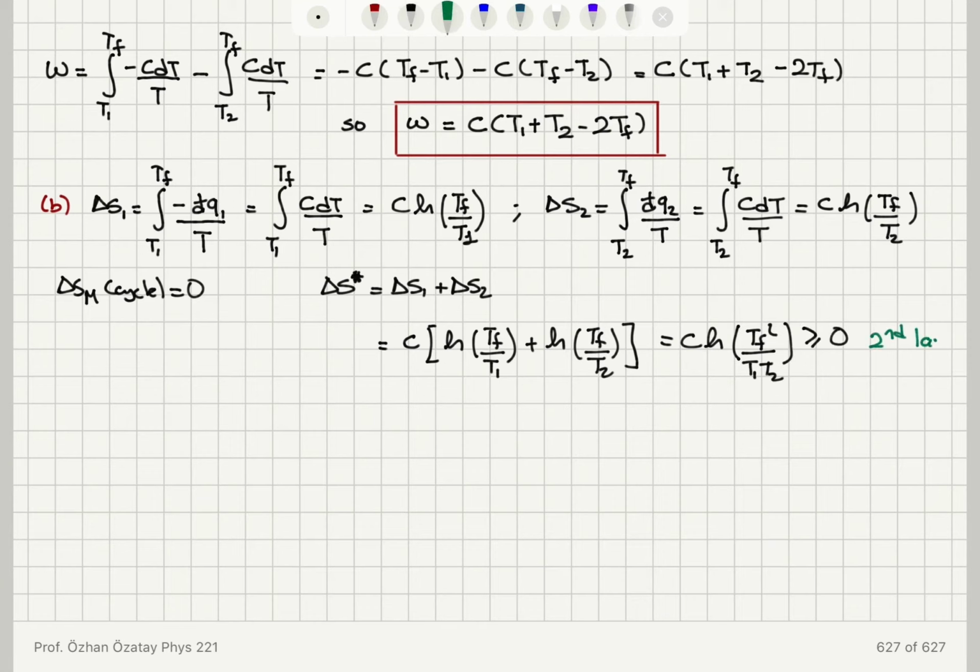So I find that the natural logarithm of T final squared divided by T1 T2 must be greater or equal to 0.